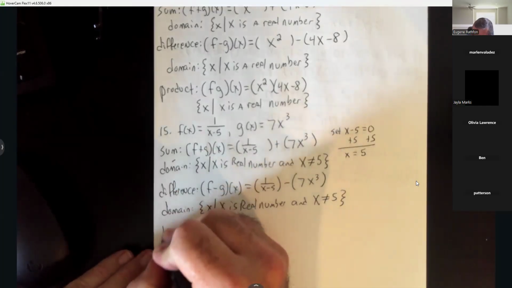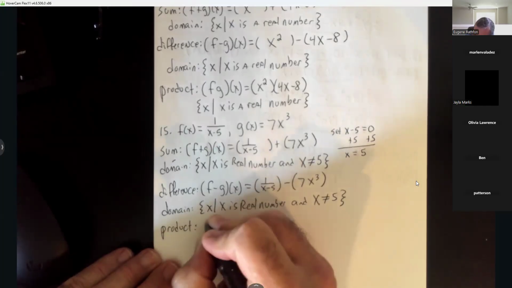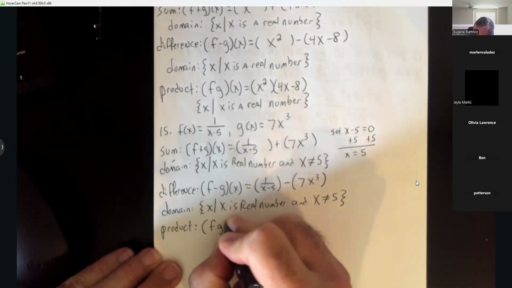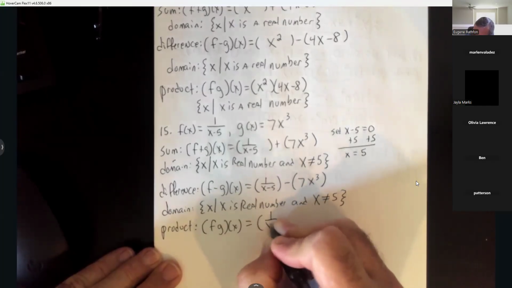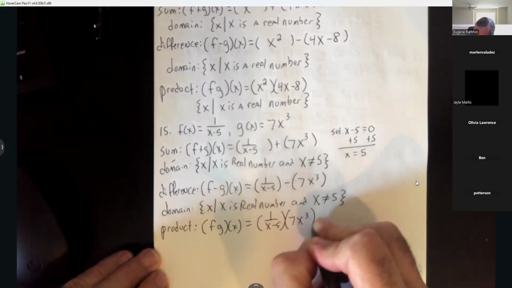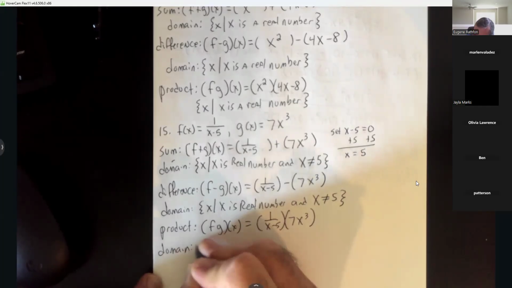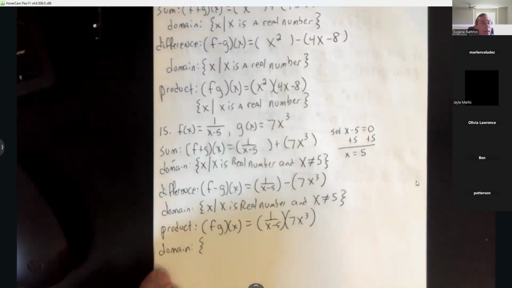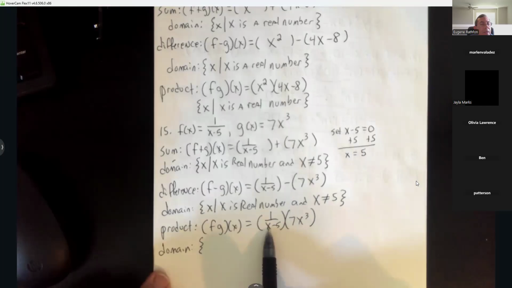So guess what? On this product, you got f times g of x, which equals 1 over x minus 5 times 7x cubed. So for that domain, is it not going to be the same? Because you got the same fraction sitting here.